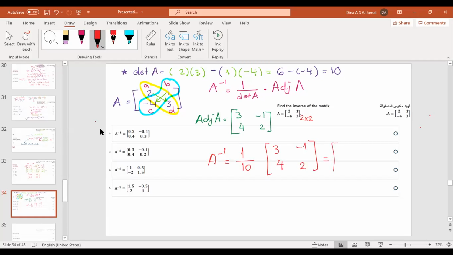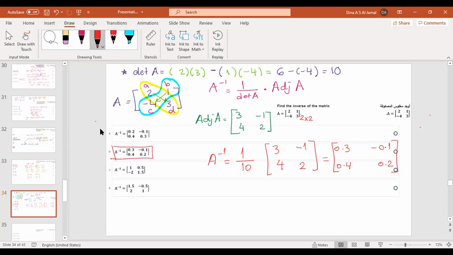It will be 0.3, minus 0.1, 0.4, 0.2. With this, let's try to find the answer. This is your answer.